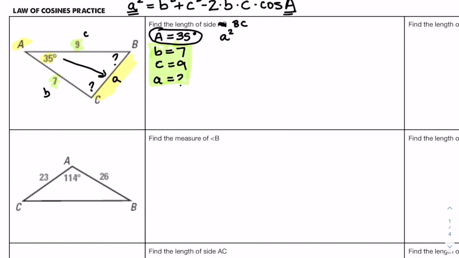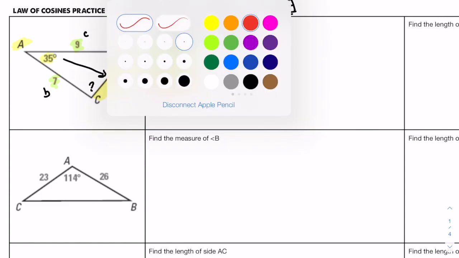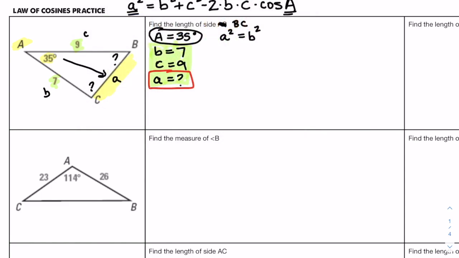It's just like we wrote up there. If we want to know a squared, that's how I know to start with a squared, this is what I'm solving for. So we have a squared equals b squared plus c squared minus 2 times b times c times cosine A.